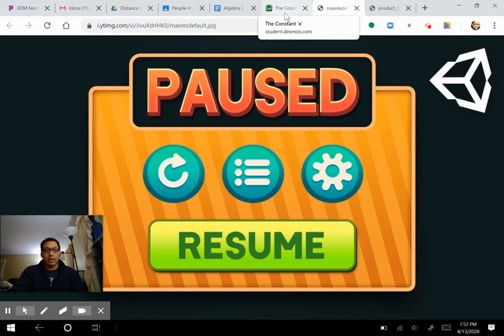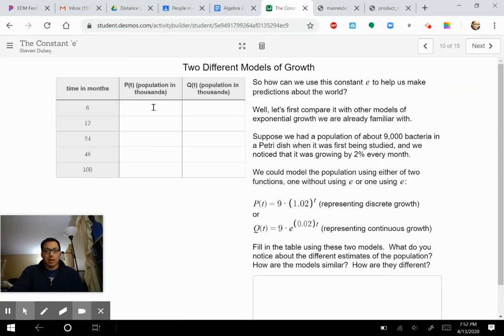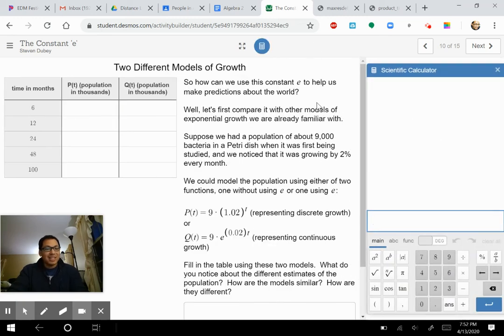Okay, so let's go ahead and do this. You probably already have your numbers in here. Give me a minute, please. Okay, so I'm going to take this model of discrete growth. Discrete meaning happens at certain intervals of time. Let's say we've got 6 months, about 10.1. After 12 months, about 11.4.